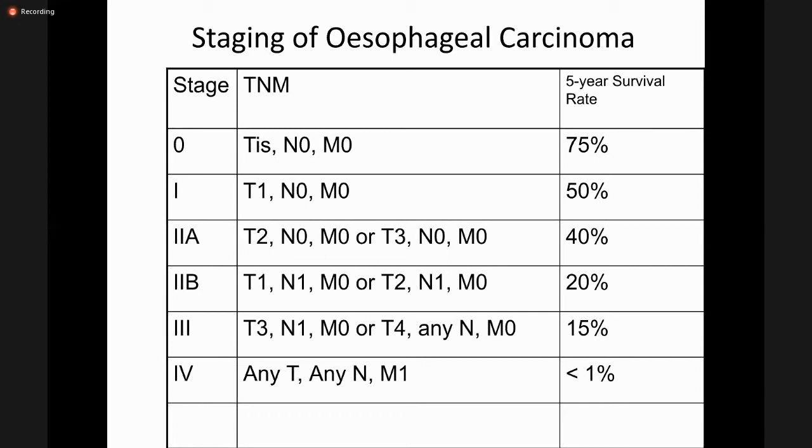Stage 2B, nodal involvement is there. Stage 3, nodal involvement is there, and the T stage is 3 or 4. And in stage 4, there's a distant metastasis. So the disease goes beyond the organ and moves to other organs of the body.